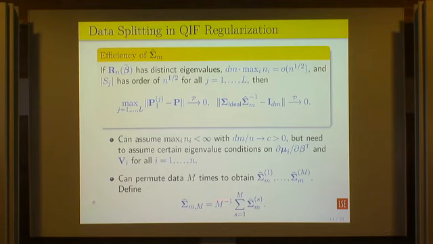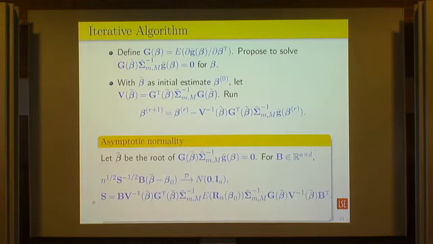So we can average these permuted estimators and finally obtain a final estimator for the covariance matrix. And remember, this covariance matrix is to optimally weight those equations in our quadratic inference function.